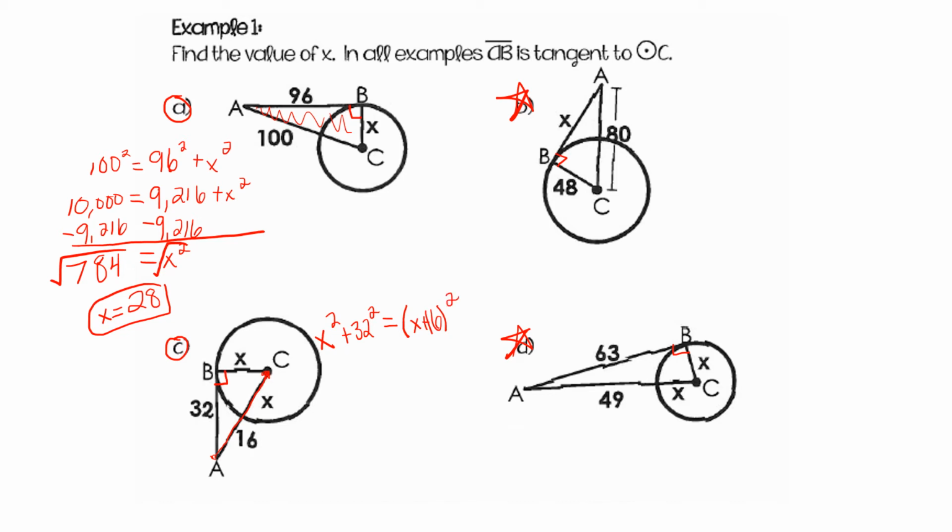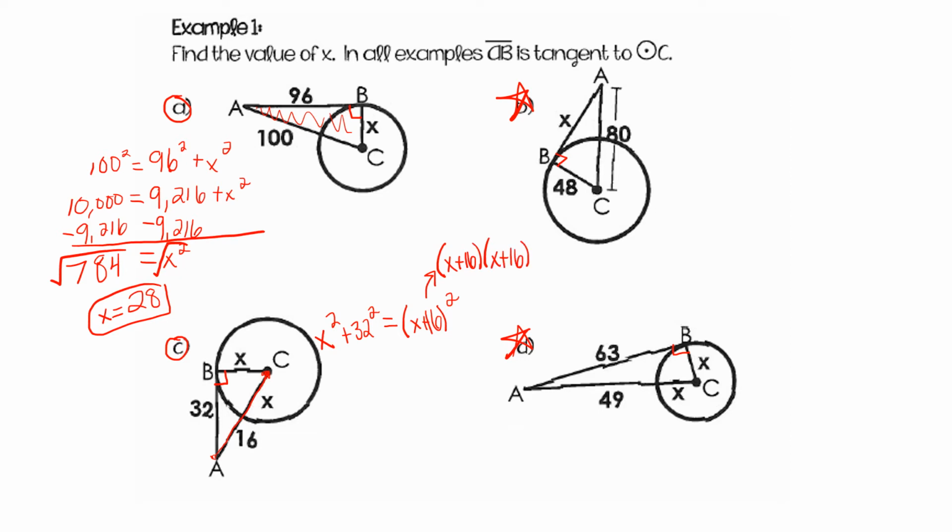And remember, you guys, back from algebra, when we have a binomial or an algebraic expression with two terms and we're squaring that, this is the same thing as x plus 16 times x plus 16.